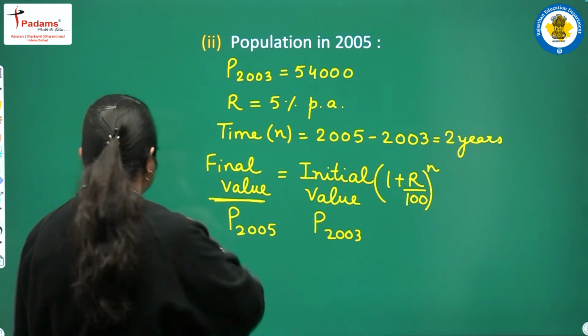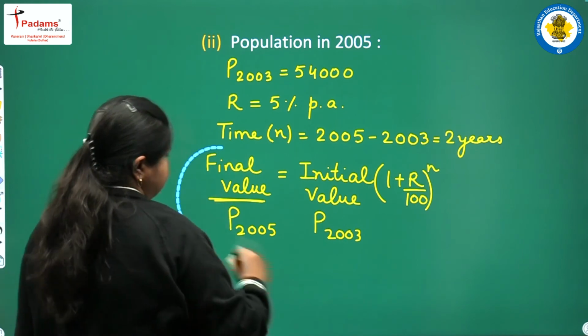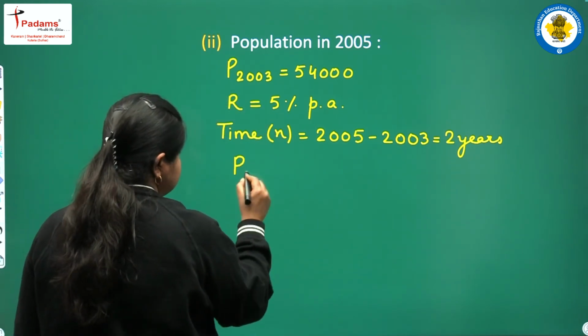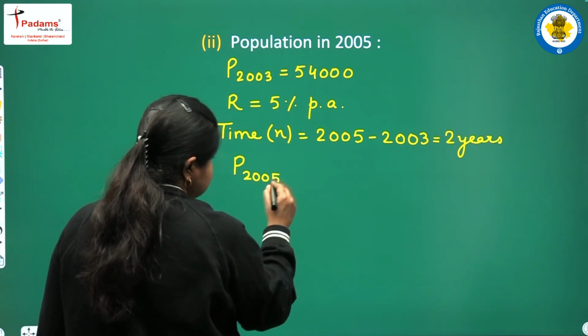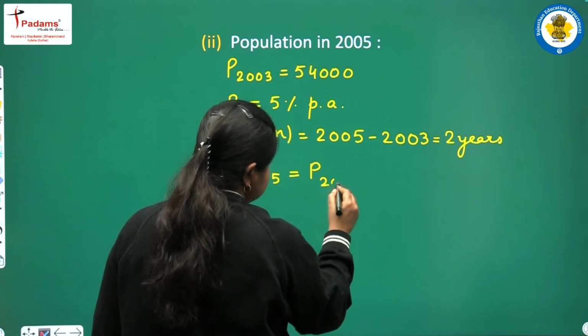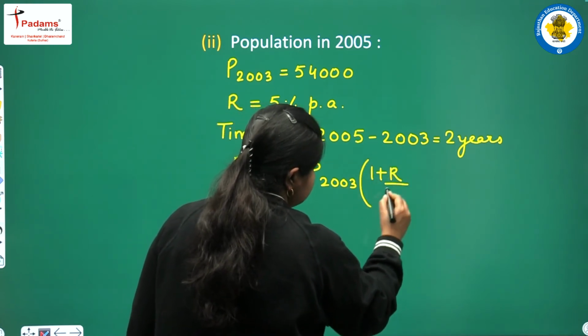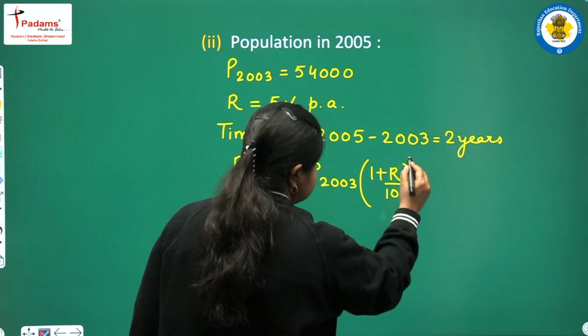Let us now write it fairly. We can write it as population in the year 2005 equal to population in the year 2003 into 1 plus r upon 100 raised to power n.